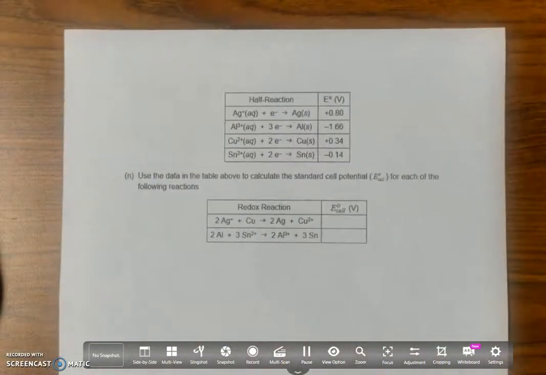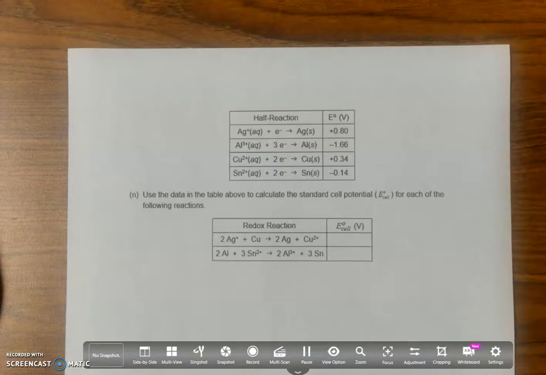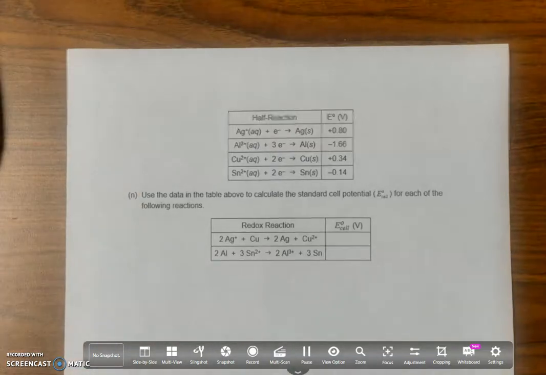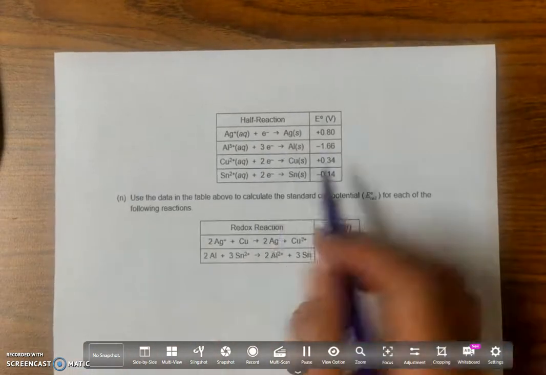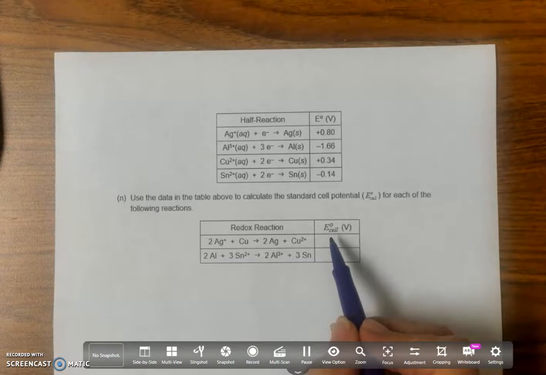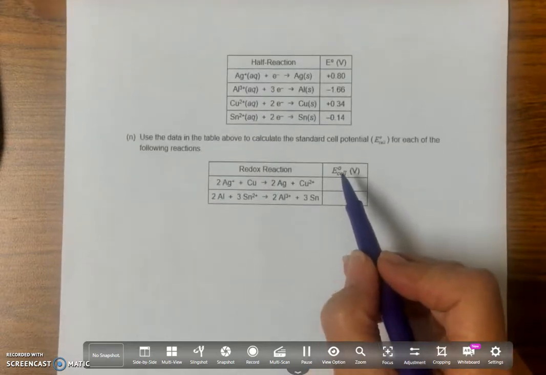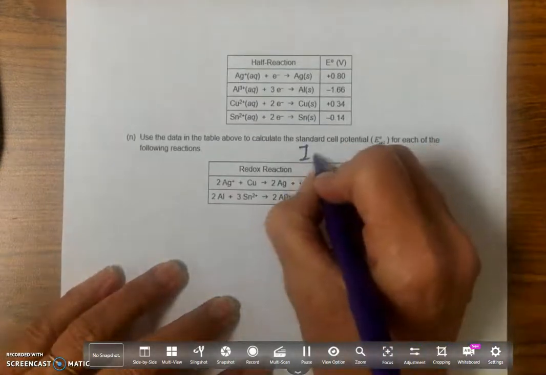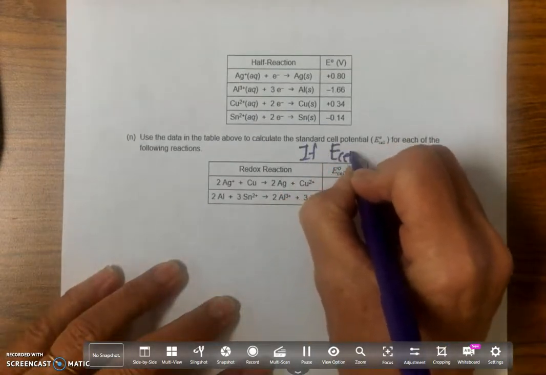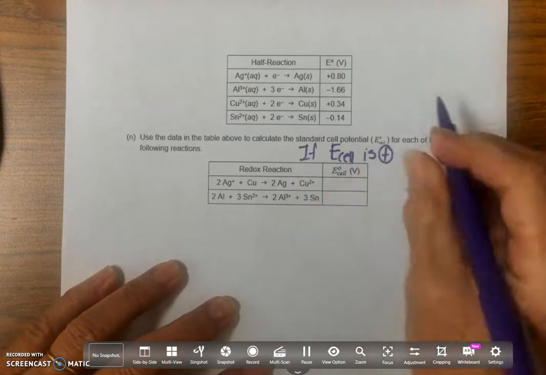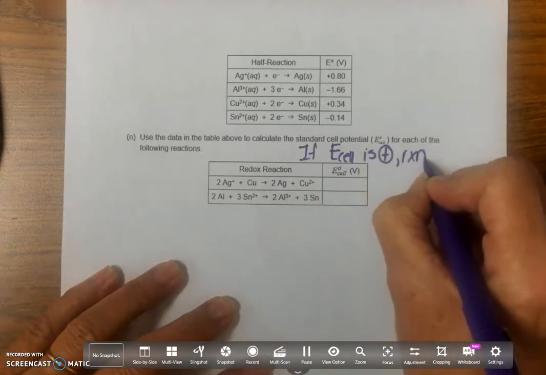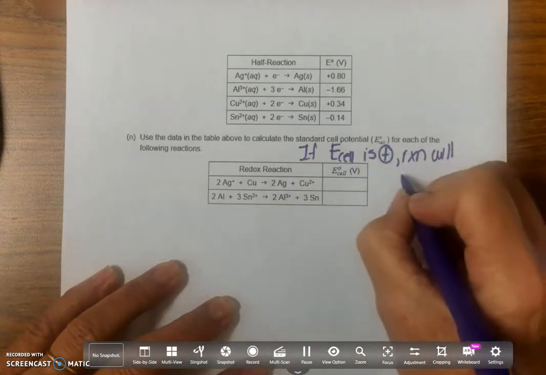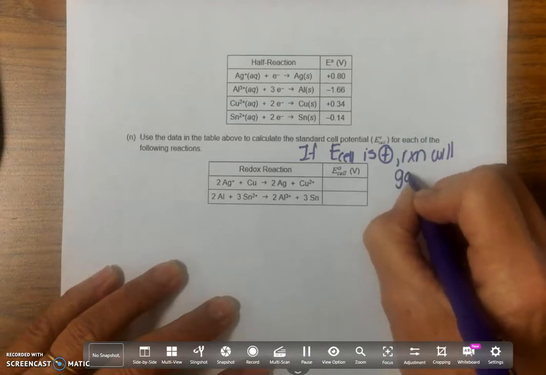So I'm going to move this over because I'm trying to find more room to work these. Okay, so it says use the data in the table above to calculate this potential. Remember that if E cell is positive, the reaction will go, I guess you could say.